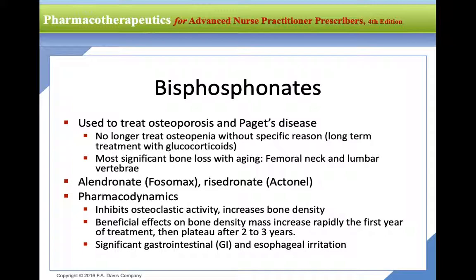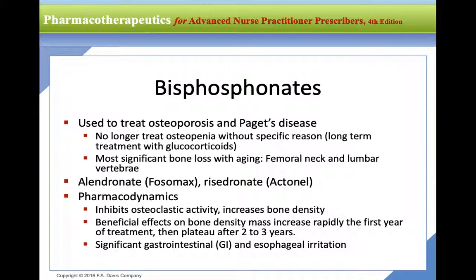Some examples of bisphosphonates are alendronate and risedronate. Those are two of just 6 or 7 that are on the market. Each one has different dosing schedules, whether you're treating osteopenia or osteoporosis, or whether it's for prevention of bone loss, or for someone who's already had an active break.